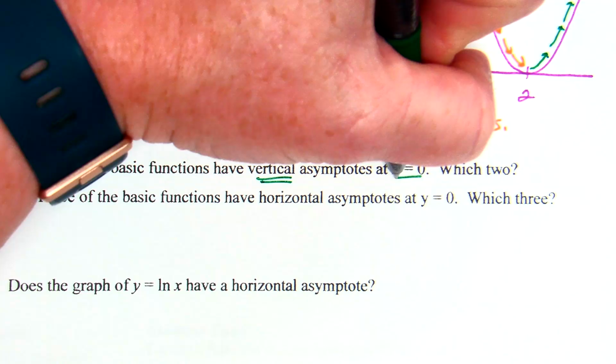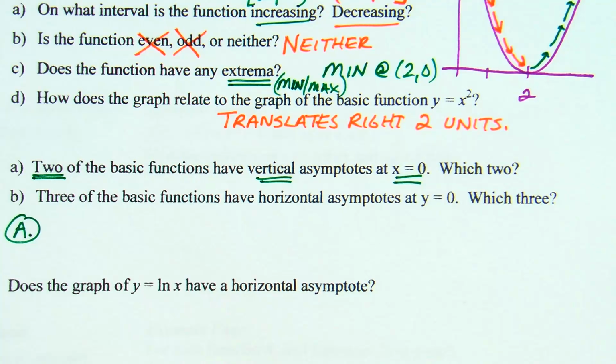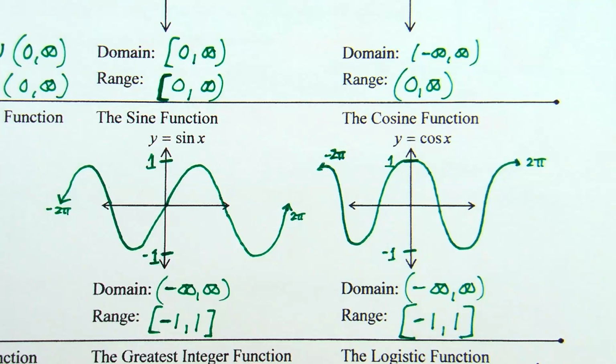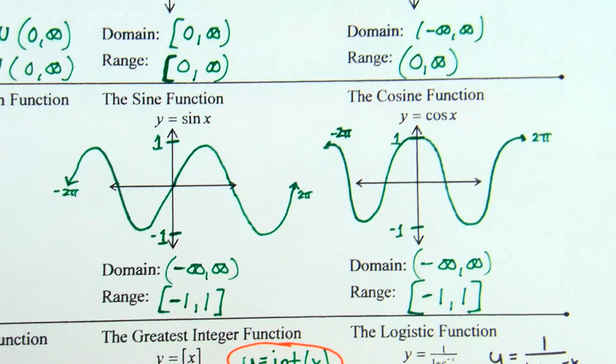Which 2? So vertical asymptote at x equals 0, that's a vertical asymptote on the what axis? Y-axis? What are you thinking, Natalie?